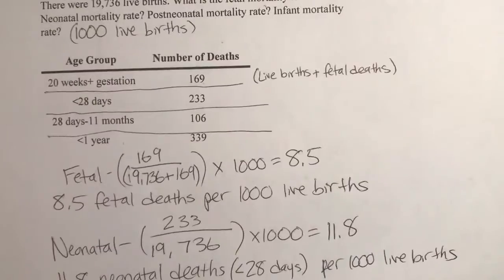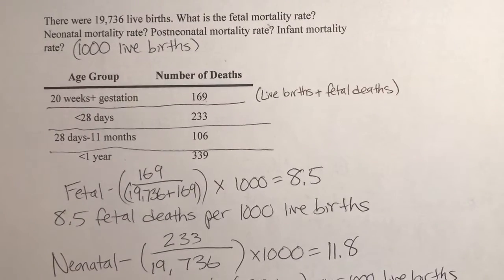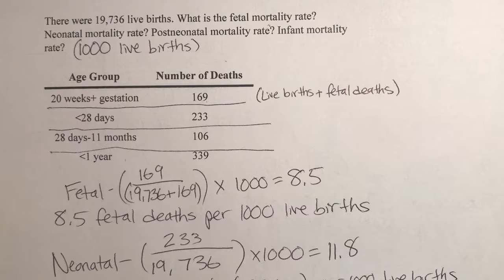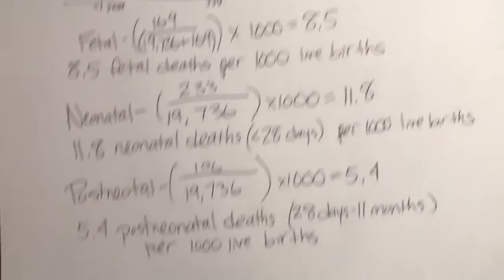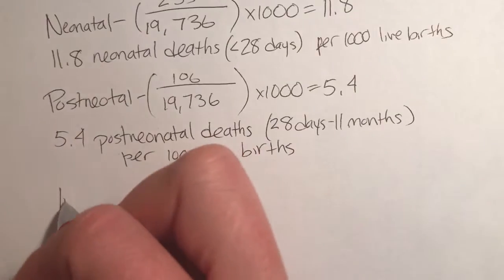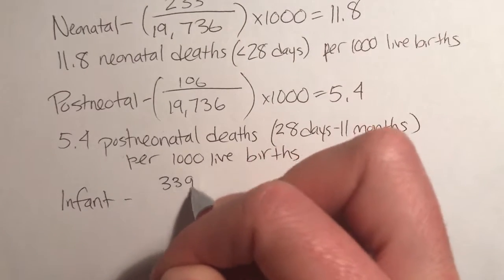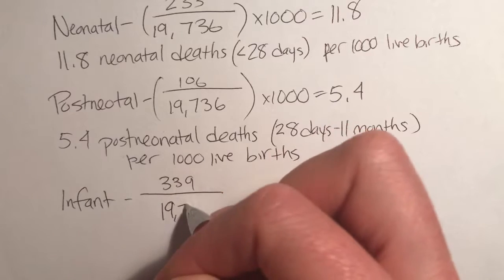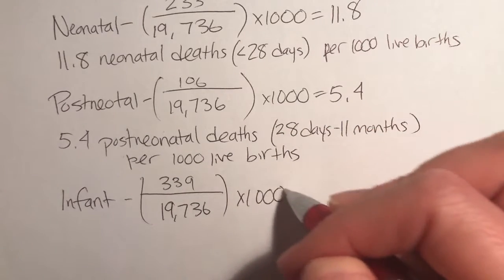Last but not least, we're going to do infant mortality, which is a cumulative mortality rate for babies that died before their first birthday. Here we can see that is 339. So for our infant mortality rate, we're going to have 339 divided by the total live births again, times our constant of 1,000.